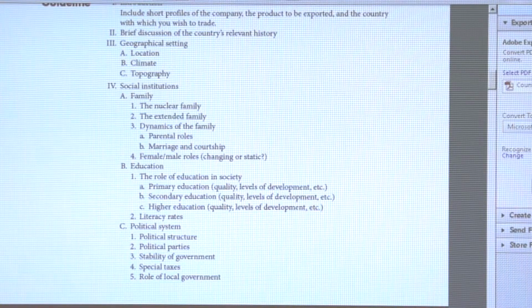How stable is the government? Some countries go through a new government every 2 years, 3 years, etc. Others have had the same person running the show, basically, for the last 25, 30 years, etc. Are there special taxes that are out there? So, for example, first time I went to Yemen, I discovered all these homes and buildings that looked like they were unfinished, because you would see all these bare rebars, concrete reinforcement structures sticking out of the top.